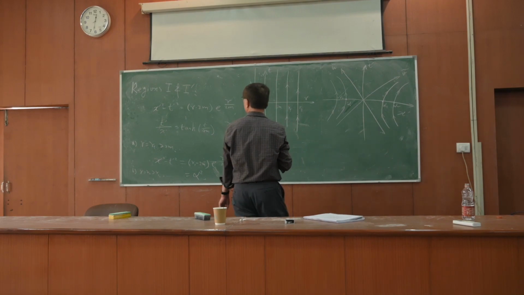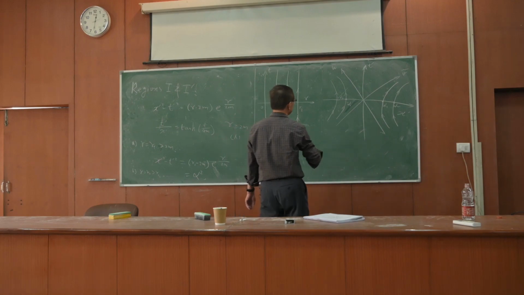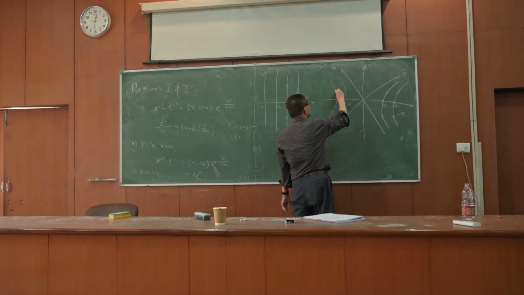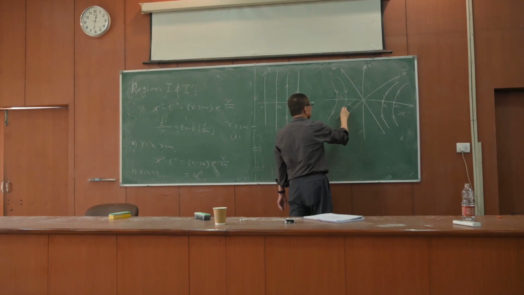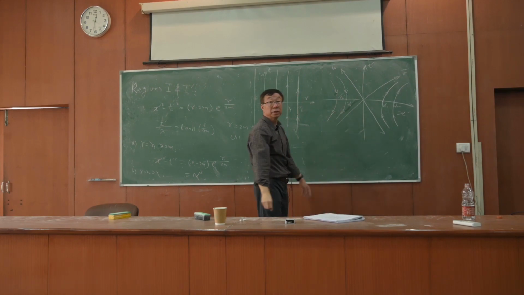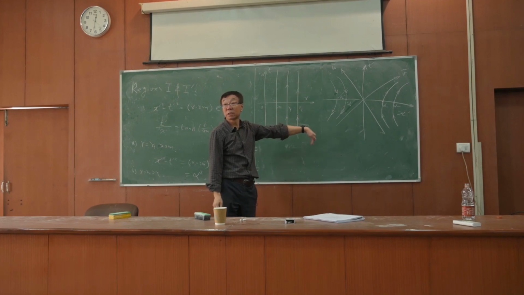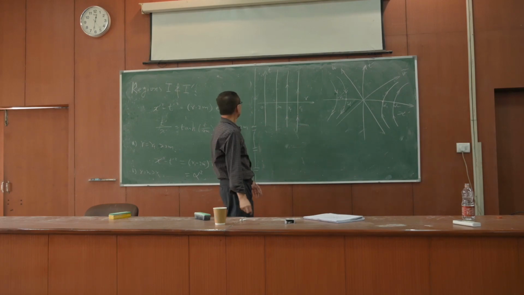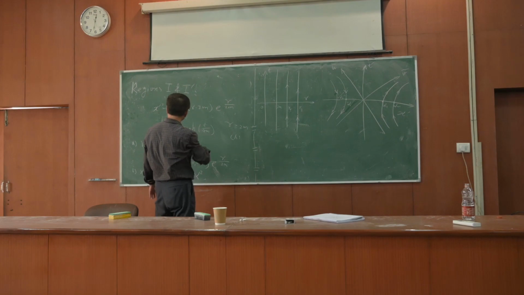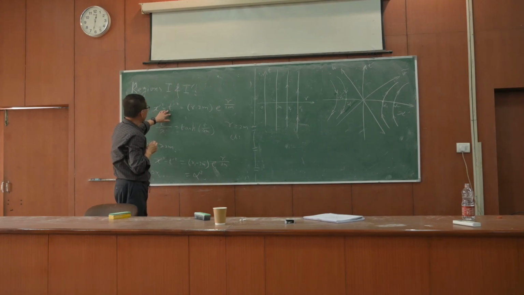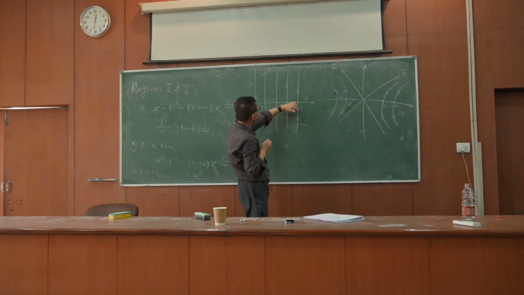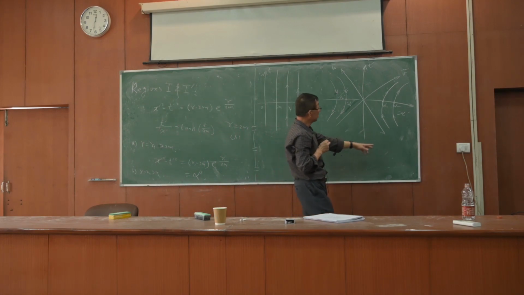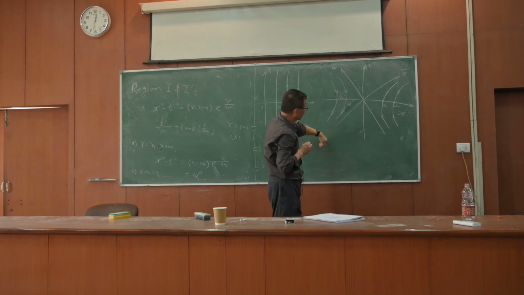This is t, decreasing, because this is negative. So I have this r equal r1, in this range go this way, and this range goes opposite.